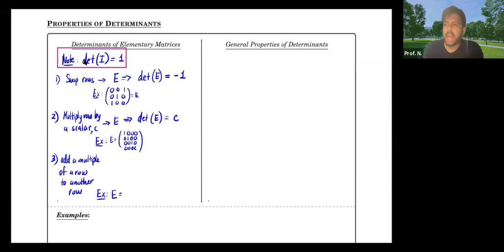So for example, if I add R2 to R3 into R3, and let's make this a 3 by 3 matrix. Remember what this looks like? So then R2 plus R3, the second row, third column, would be something like this.